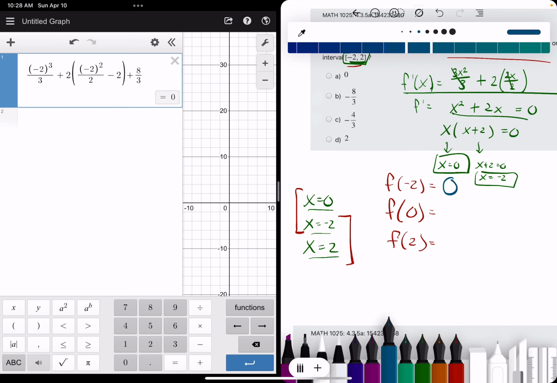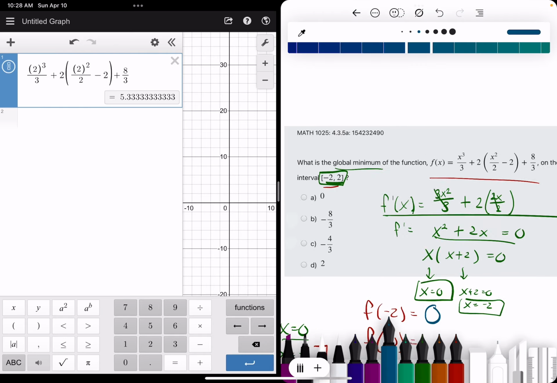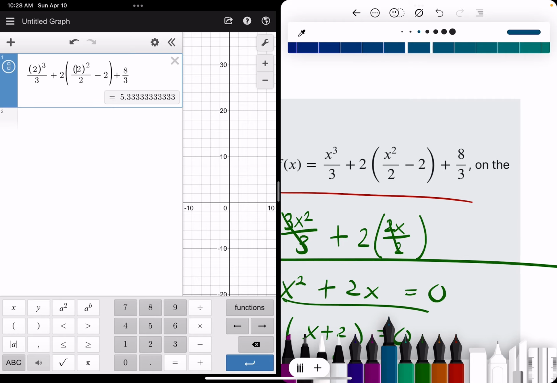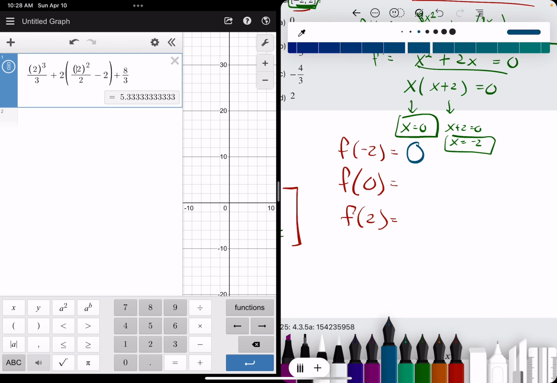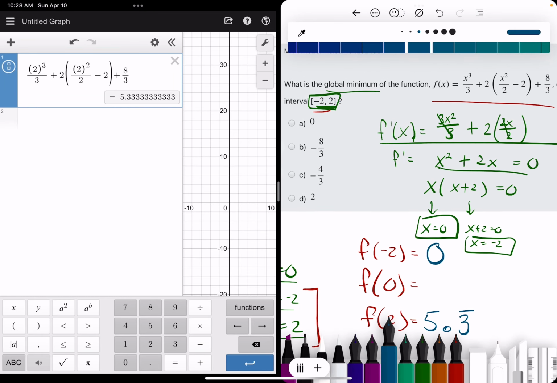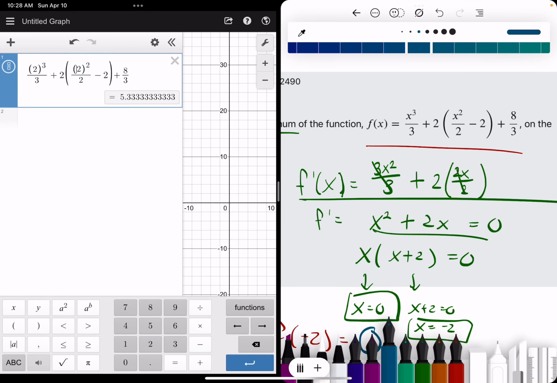Now let's do +2, because we can do that by just taking away the negative from each of the x values. That's 5.3 repeating, and that was for f of 2. I'll just write 5.3. And then f of 0. Well, a lot of stuff will just zero out, and we're not left with much, but just replace the 2's with 0's, and we get -1.3 repeating.